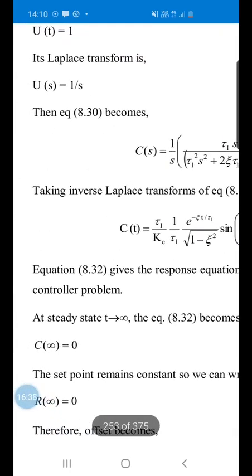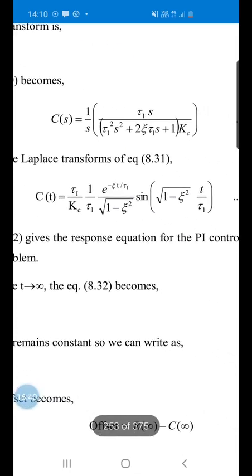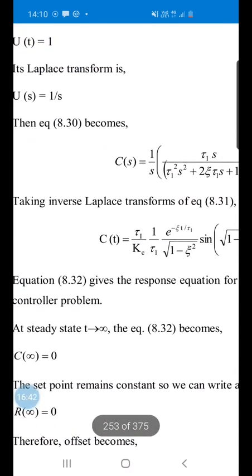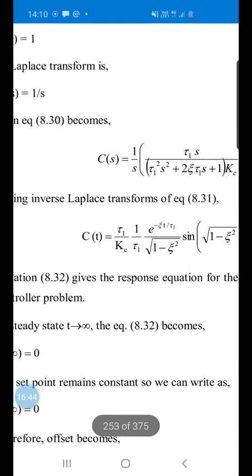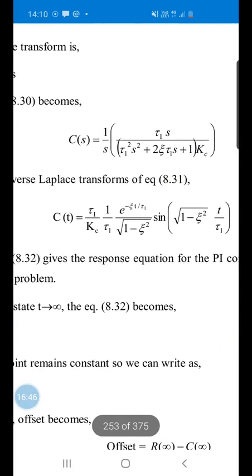You will find this equation is similar to: C of t equals tau 1 upon Kc, 1 upon tau 1, e raised to minus zeta t by tau 1, upon square root of 1 minus zeta square, sine of square root of 1 minus zeta square into t by tau 1.